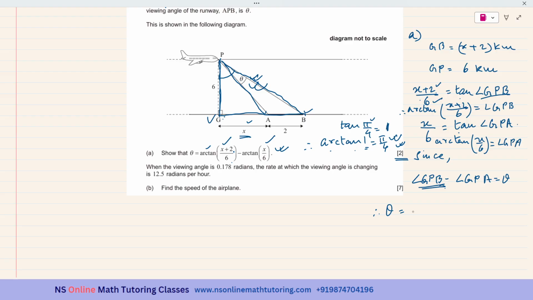So therefore theta is equal to arctan of (x plus 2) over 6 minus arctan of x over 6.